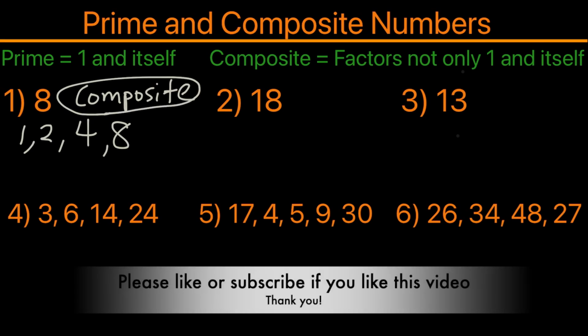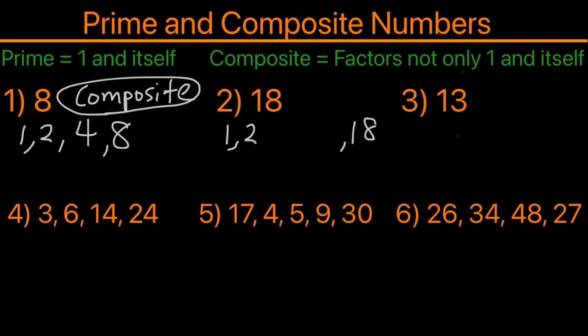Now for the second example, 18, we'll write out the factors. First, we'll list out 1 and 18 and see if there's any in between. If there's none in between, that means it's only 1 and itself, which would make it a prime number. So for 18, we can see 2 will go into it because 2 times 9.